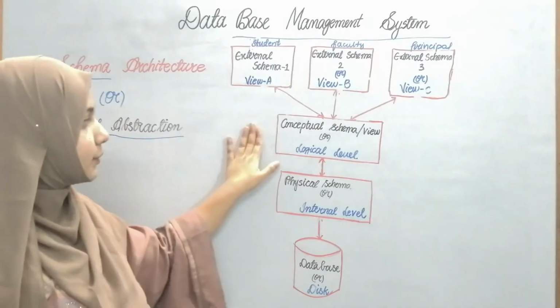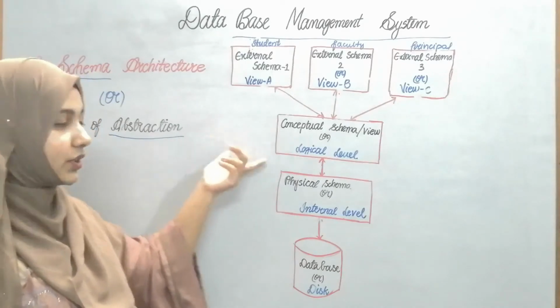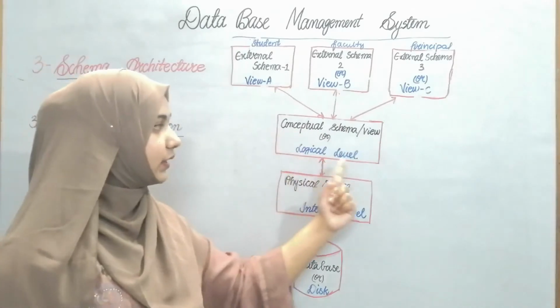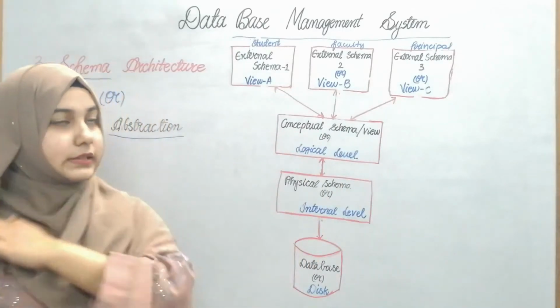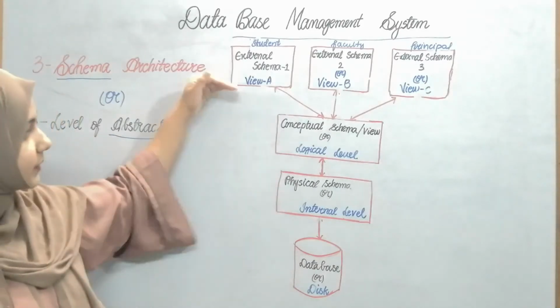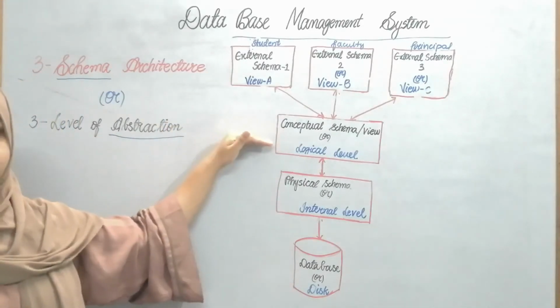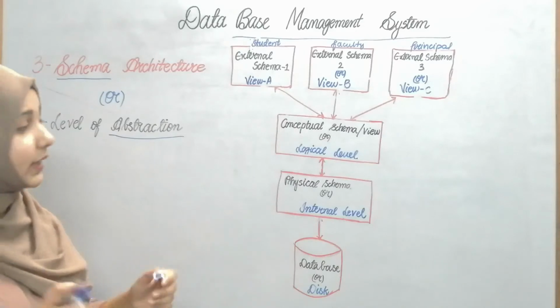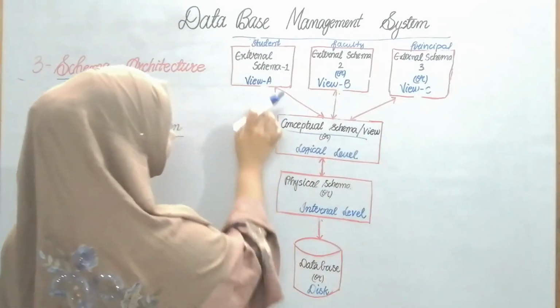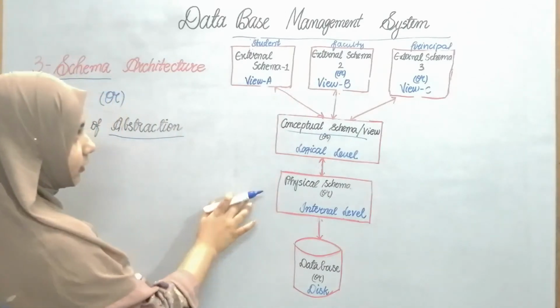Next comes the conceptual schema or the logical view. Conceptual schema or conceptual view or logical level, we can call it by any of these three names. So see, this is the next higher level. We can see this in the diagram. This is the next highest level in the data abstraction. And if you see here, this conceptual schema is the one that is connecting the external level and the internal level.